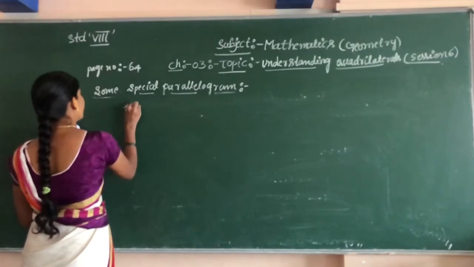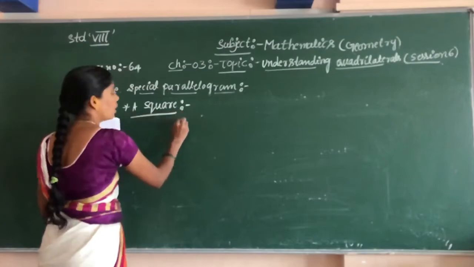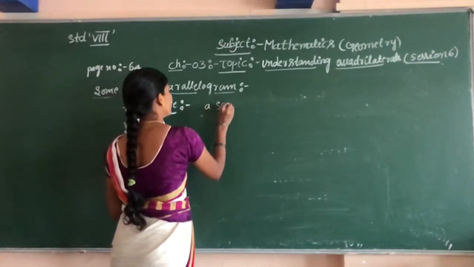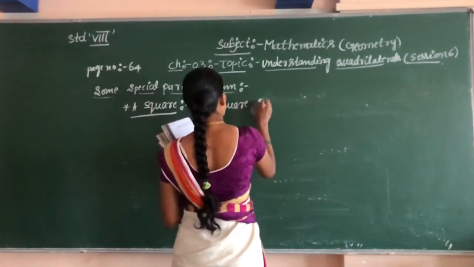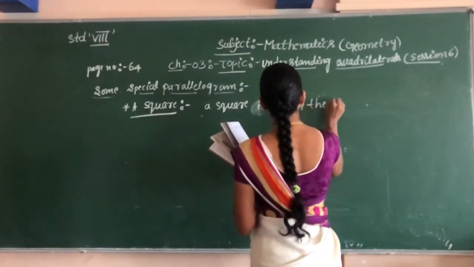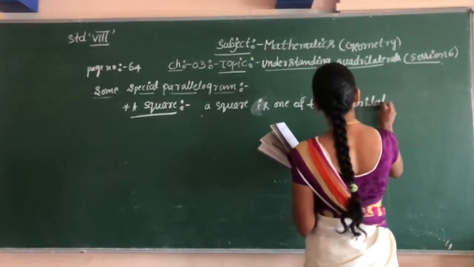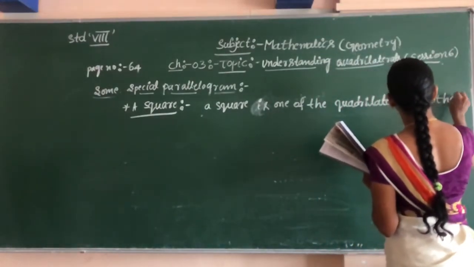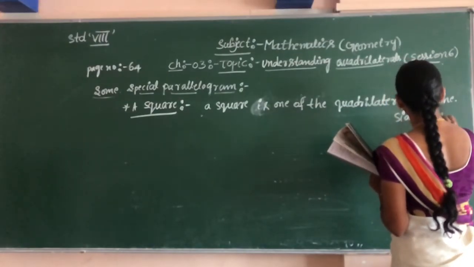Square is one of the quadrilaterals. All the sides are equal.